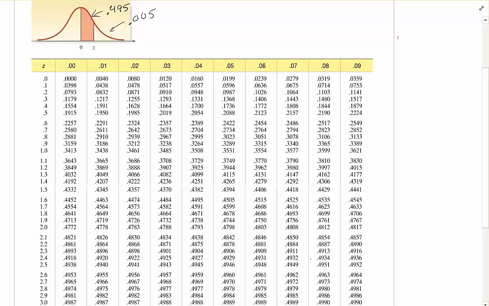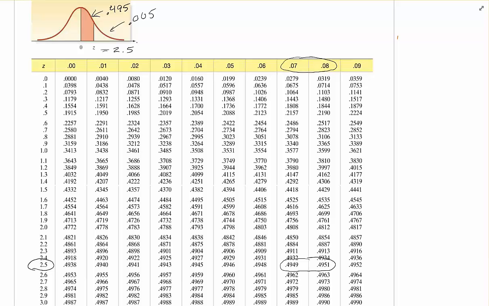It appears that it's right between 0.4949 and 0.4951, and that occurs in row 2.5 and in columns 0.07 and 0.08. So my z-value would be 2.57 or 2.58.